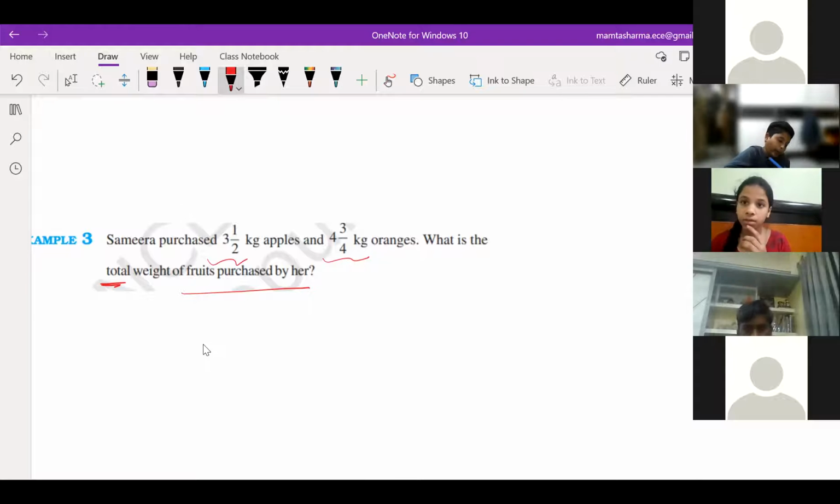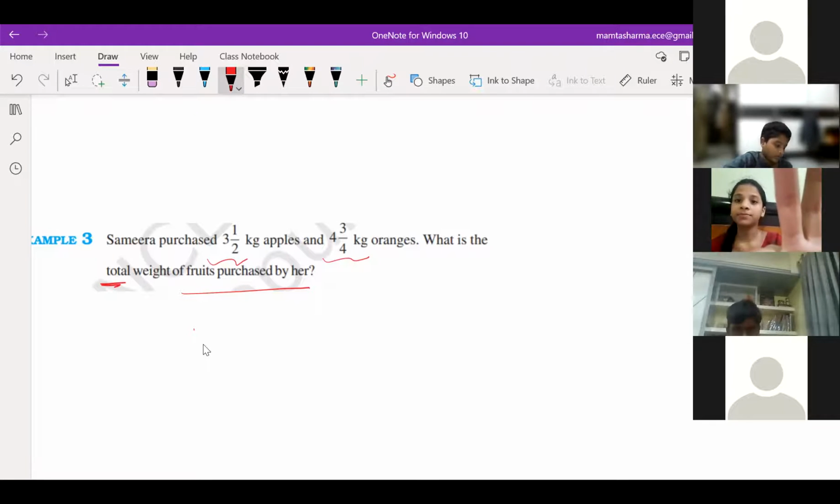First convert this into an improper fraction. Ma'am, 26? Not 26, ma'am, it would be 33 by 4.